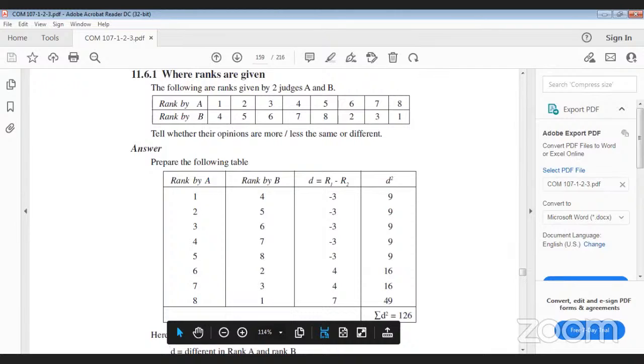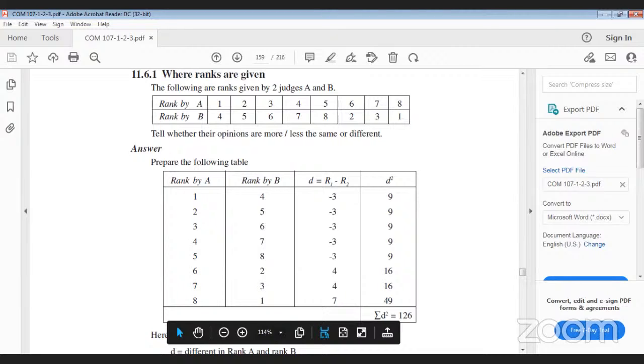There is a table with four columns here. The first column is the rank by A, the second column is the rank by B, the third column is the deviation, that means the difference between rank 1 and rank 2, and the last, fourth column is the deviation or difference squared. The ranks given by A are written serially in ascending order: 1, 2, 3, 4, 5, 6, 7, and 8.